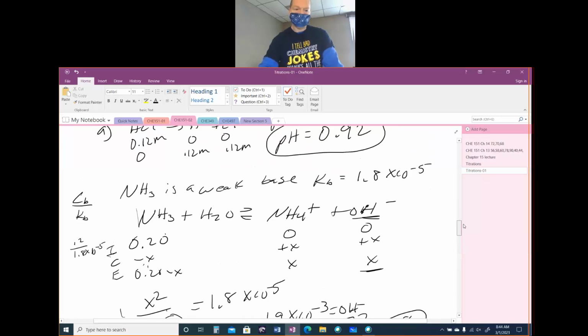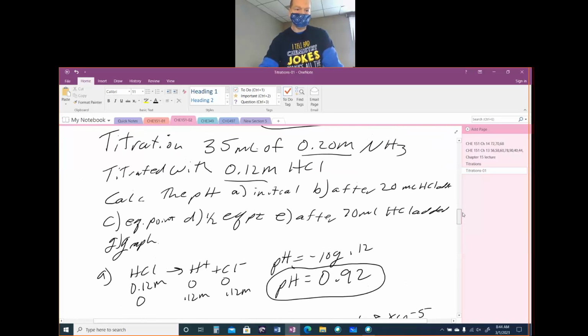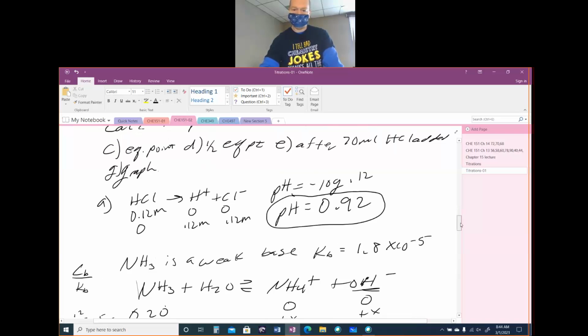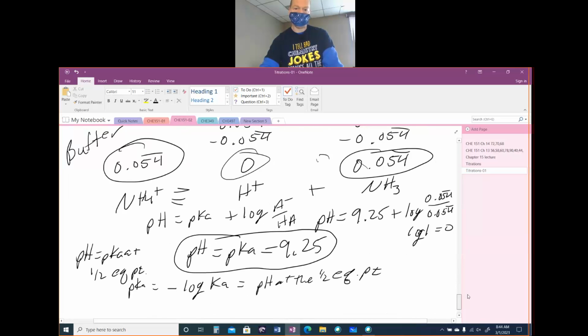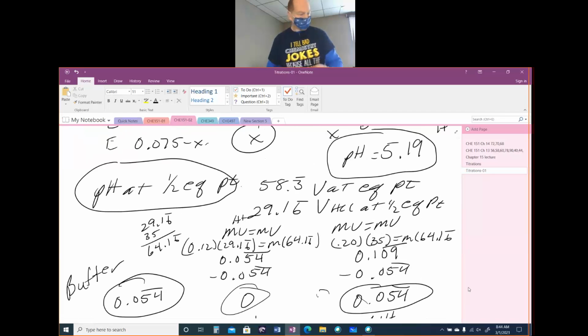All right, so we have calculate the pH: initial, after 20 mL, equivalence point, half equivalence point, after 70 mL of HCl is added. So now we're going to add 70 mL of the HCl.